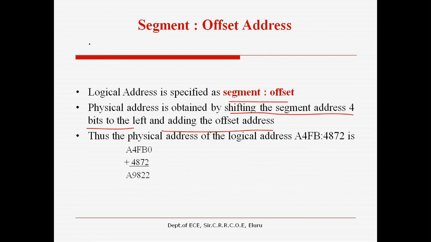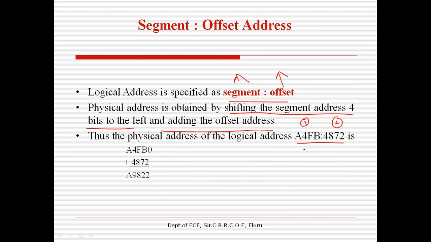Now take an example here. The 20-bit physical address is represented with two 16-bit addresses, written as segment:offset. This is the first 16-bit address and this is the second. The left side refers to the segment address and the right side refers to the offset address.